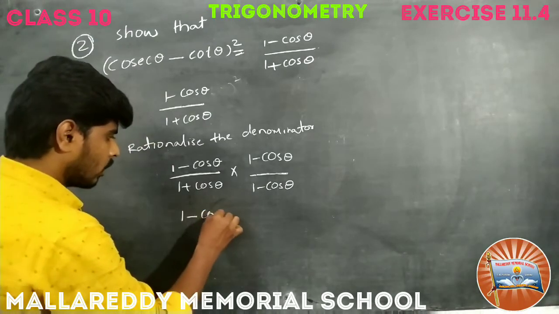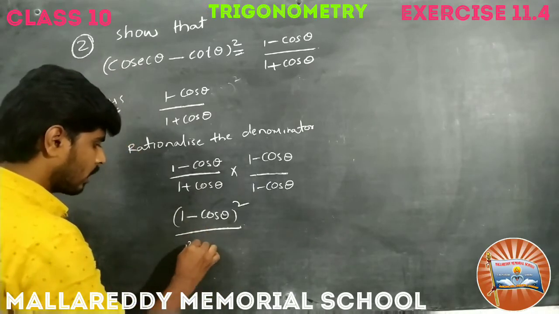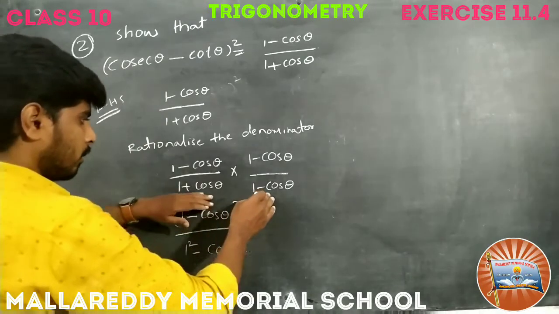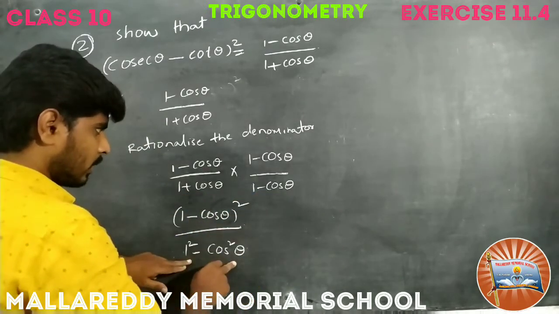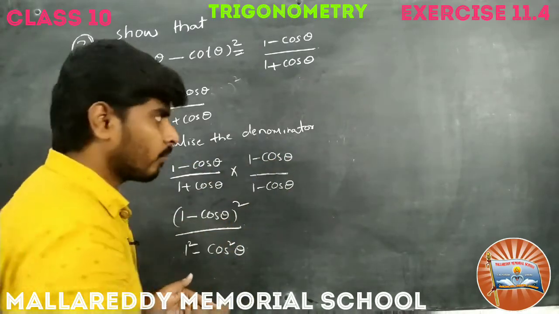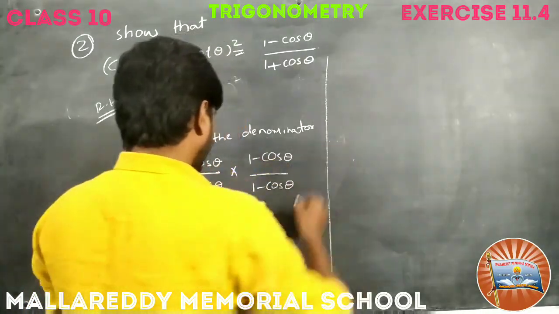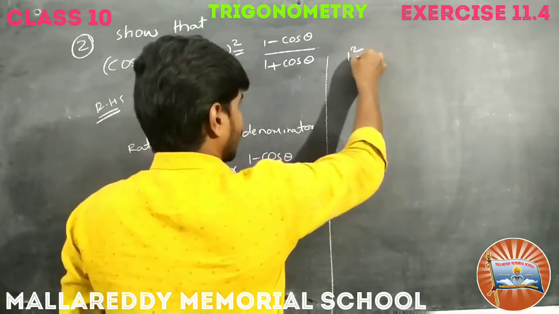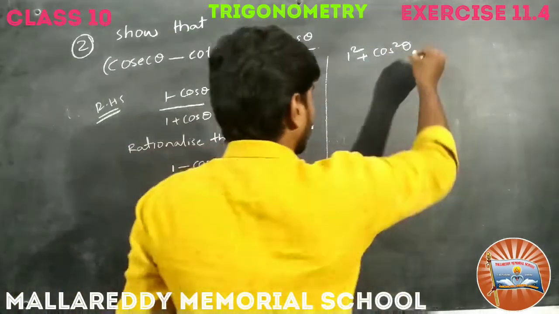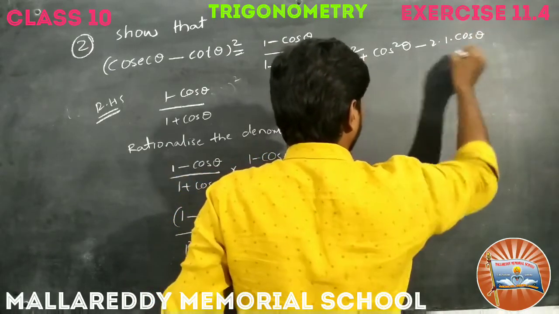So (1 minus cos theta) whole square. This becomes 1 square minus cos square theta, isn't it? (a plus b) into (a minus b) is a square minus b square, and (a minus b) into (a minus b) is (a minus b) whole square. Okay, right. The next step, the (a minus b) whole square formula: a square plus b square minus 2 into a into b.